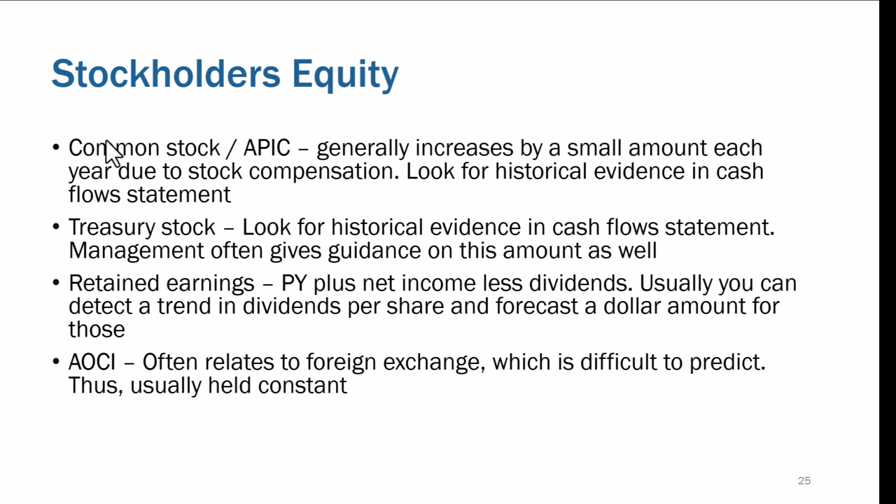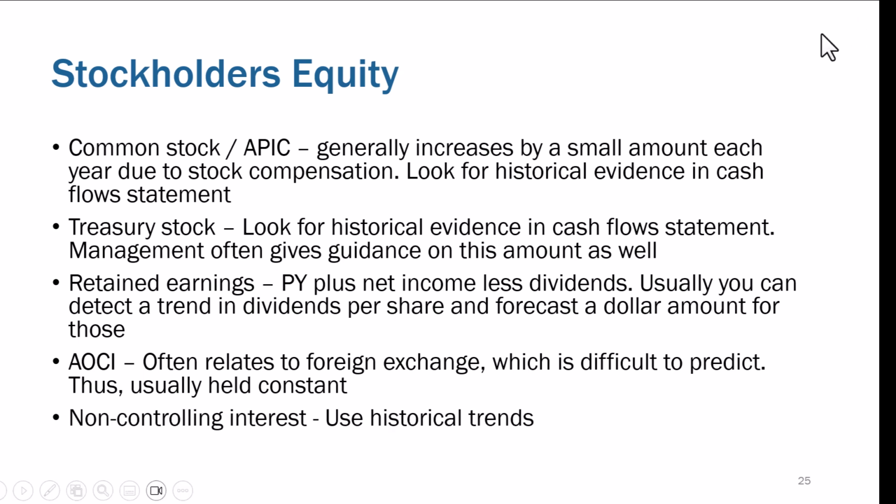Accumulated comprehensive income. This often relates to foreign exchange, and that can be difficult to predict. So we generally will start by holding this one constant unless this is a really significant amount and you're in a jurisdiction where inflation is a lot different than the U.S., then you would maybe use some sophisticated international finance techniques to compute that.